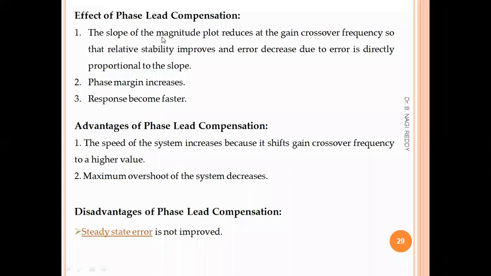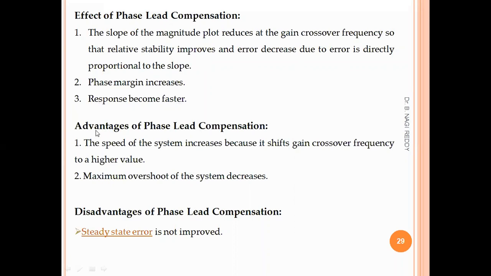That means the stability improves and error will get decreased, because the error is directly proportional to the slope. If the slope is more, then error is more. But because of the lead compensator, the slope reduces at the gain crossover frequency. That means error is less, so stability improves. So this is the first effect. And next, phase margin increases. And the third effect is that response becomes very fast.